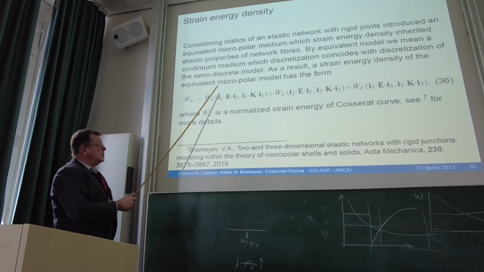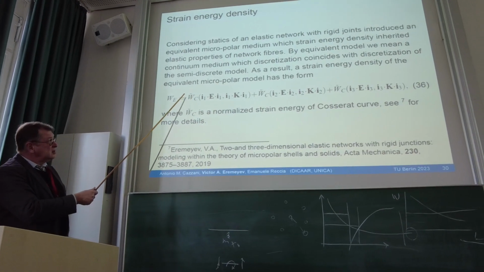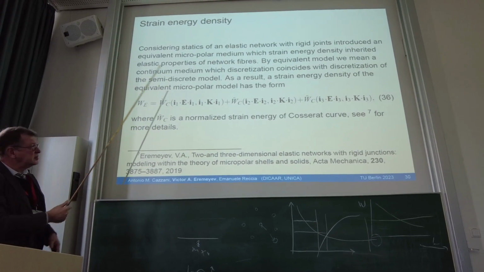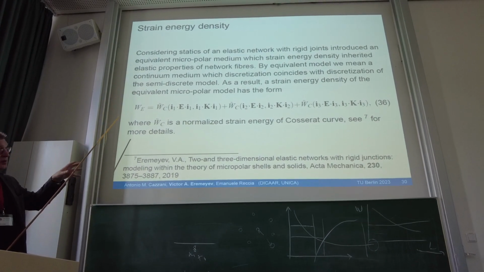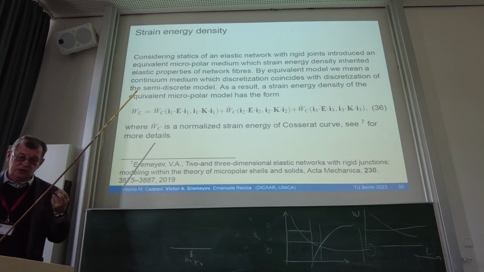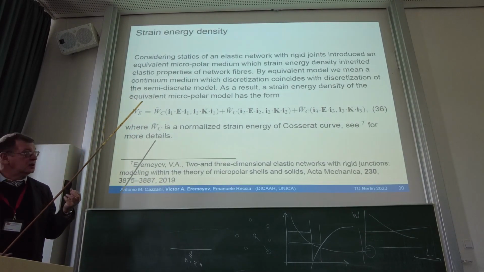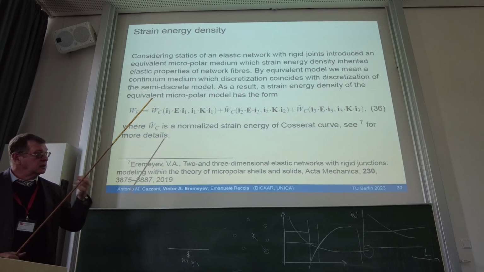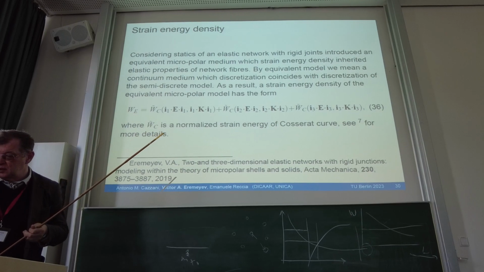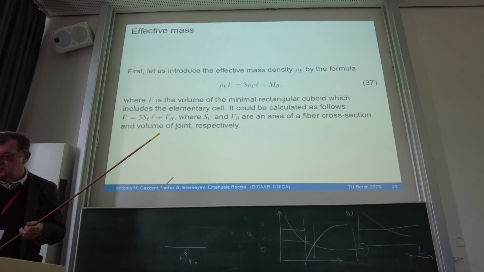And of course it's normalized with respect to the volume. So in fact it means that we came to an enhanced strain energy of a beam. You have the strain energy of the effective medium for finding deformations.